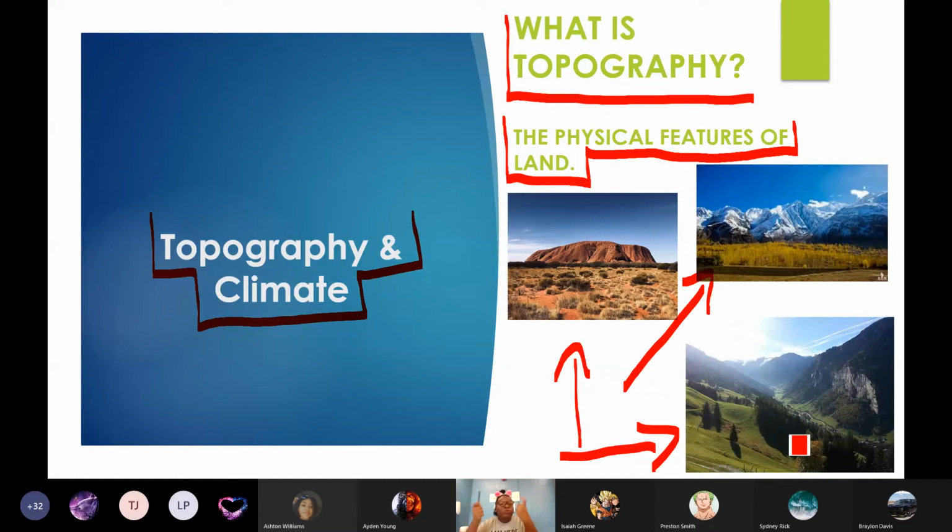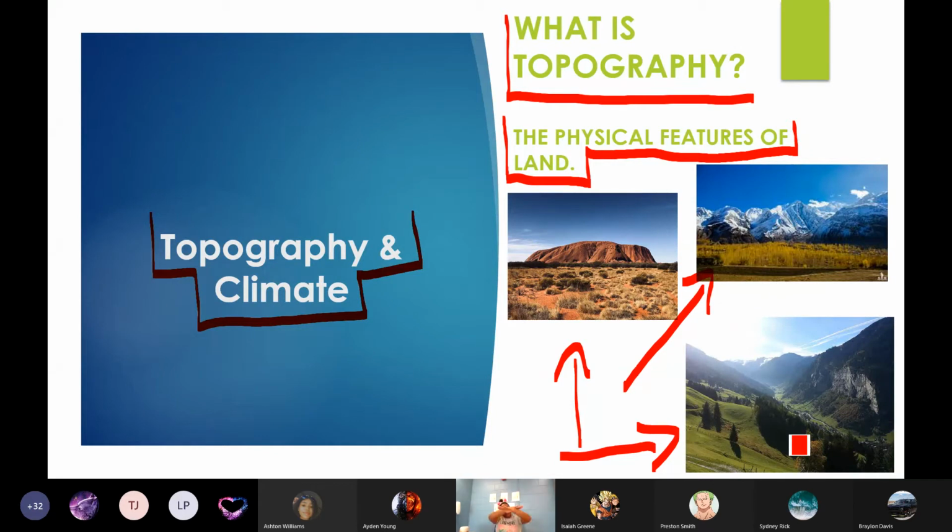We see some physical differences between these three landforms. A plateau is going to rise up high, but it's got a flat top, okay? A mountain is going to rise up high, but it's going to come to a point.